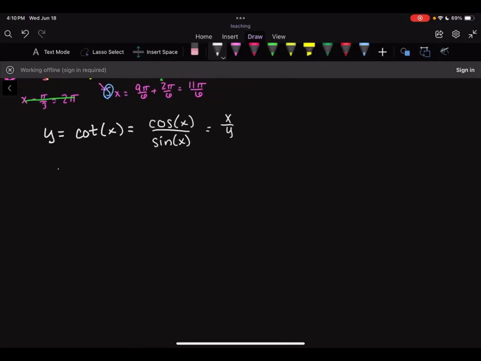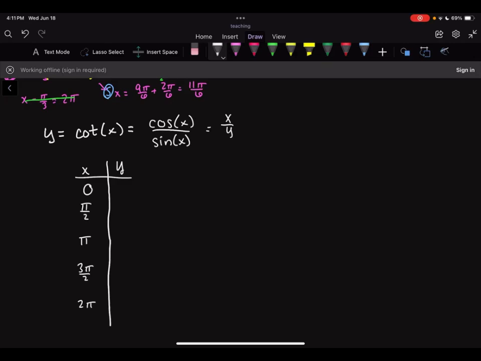And so just like with tangent, I'm going to make my table. I'm going to use the basic big 5 points. So 0, pi over 2, pi, 3 pi over 2, and 2 pi.